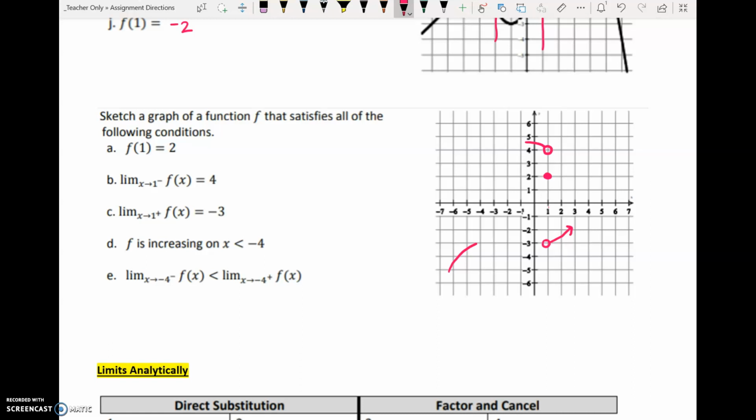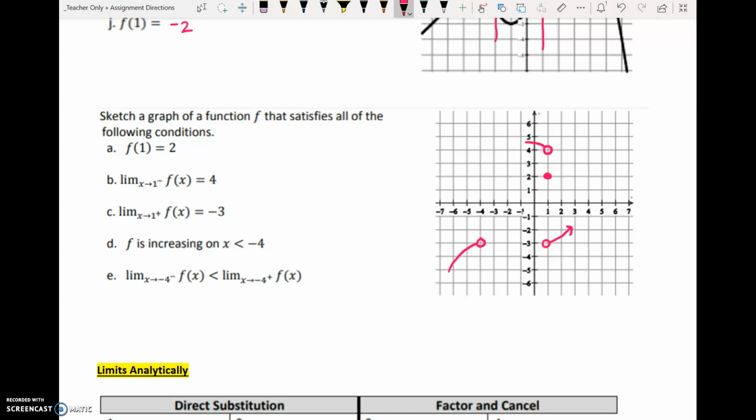And E, the limit as x approaches -4 from the left is less than the limit as x approaches -4 from the right. So we don't exactly know what those values are. We just know that from the left, it's less than from the right. So I'm going to say that this is -3. That works. And we don't know if it's open or closed.